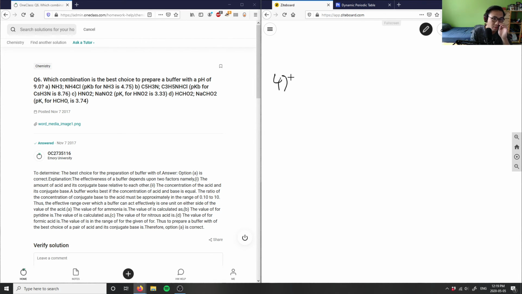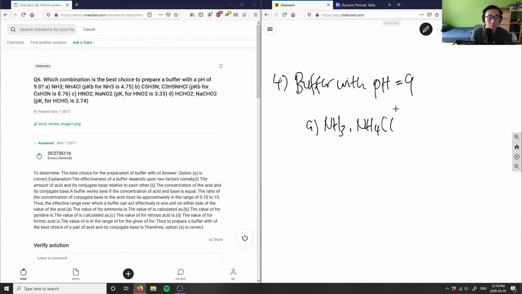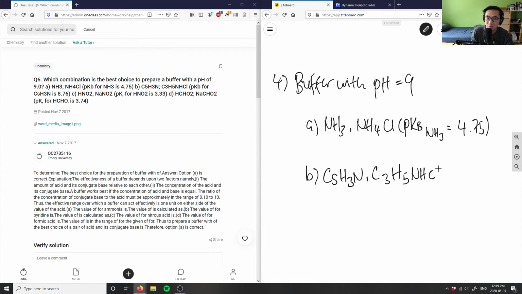So let me just list out these guys here. We have number 4 here. We want a buffer with pH equals 9. A here would give us NH3 and NH4Cl, and we have the Kb value here. The pKb value for NH3 is 4.75. B here I have C5H5N and also C5H5NHCl.